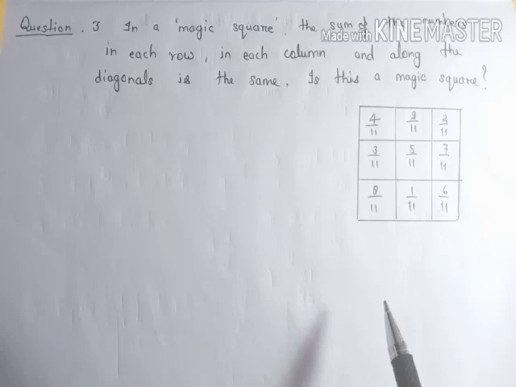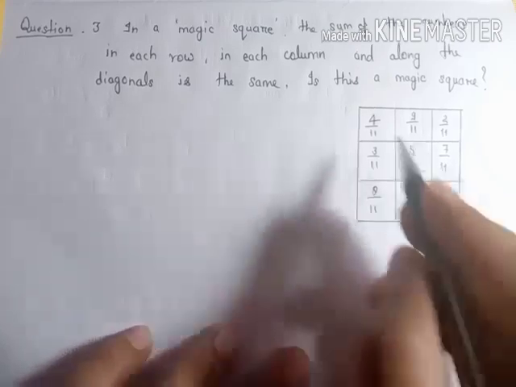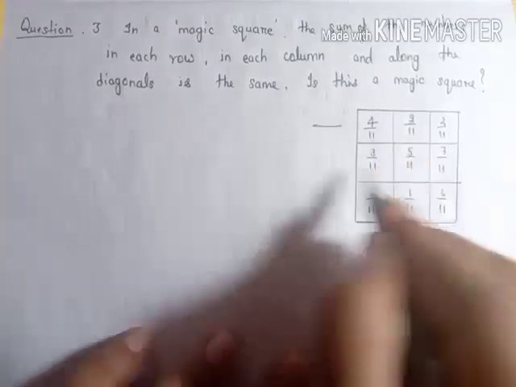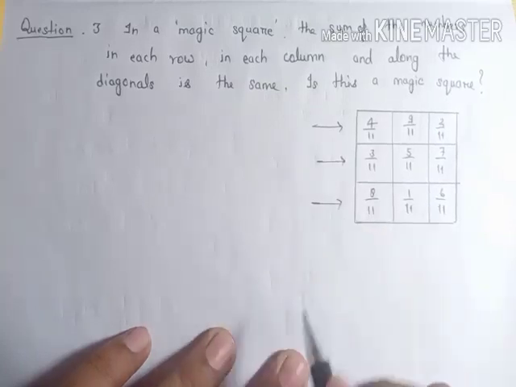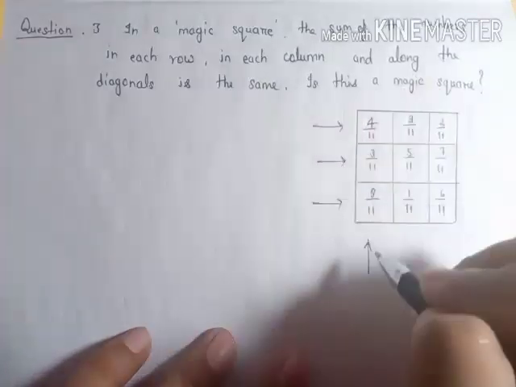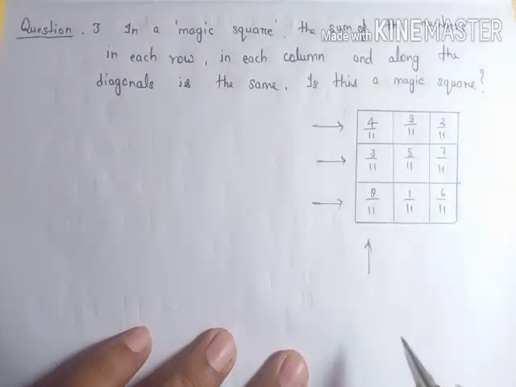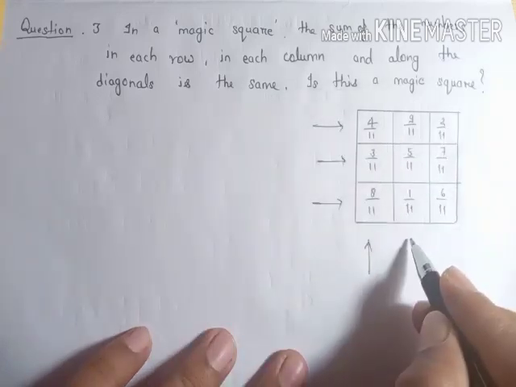And there is a property of a magic square that when you add each row, these are called rows, each column, either you can write it like this, but I don't have the space here, so I'm writing like that.